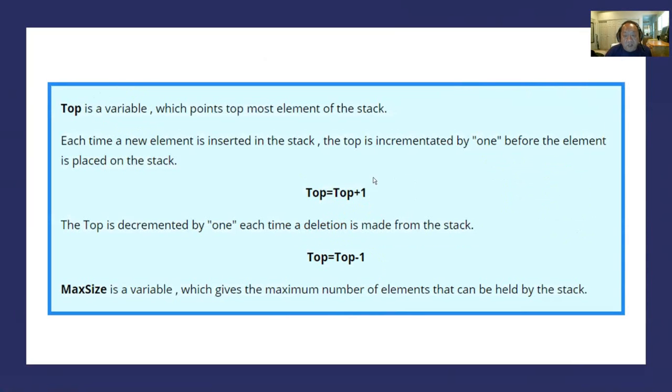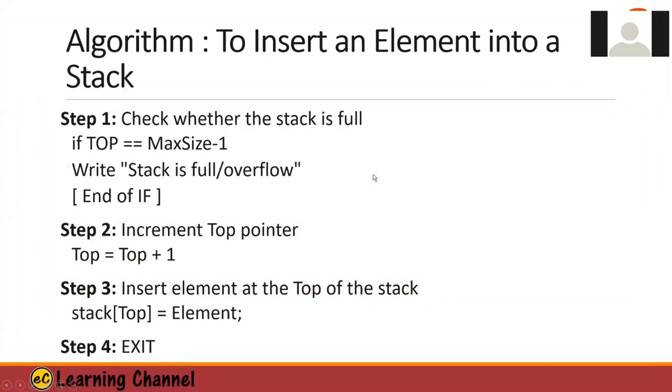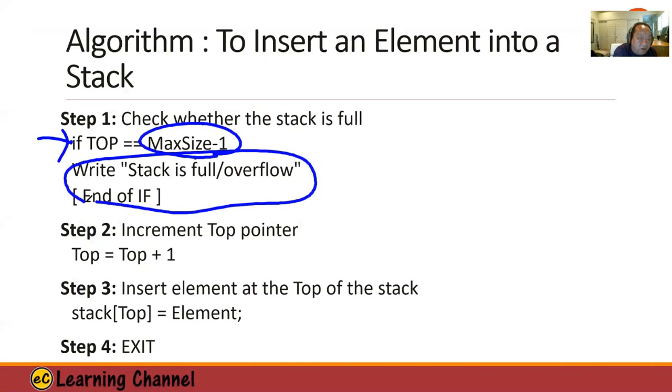If top is the maximum, you can no longer increase. Those are the rules in your array. When top reaches max size minus 1, you are already full. That's the check for full or overflow.